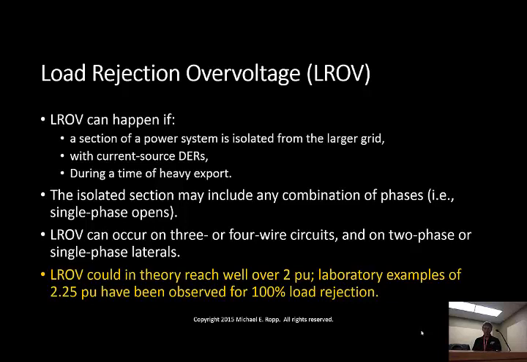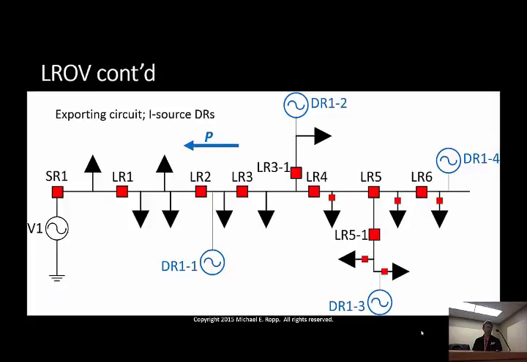But if it does that to itself, that's not the utility's concern. The utility concern is what happens to loads. So the 100% load rejection case isn't really the worry. I should be a little cautious about that, because you can form islands in which the only load on the inverter is arresters, and the utility does care about that. So there are some things you have to pay attention to.